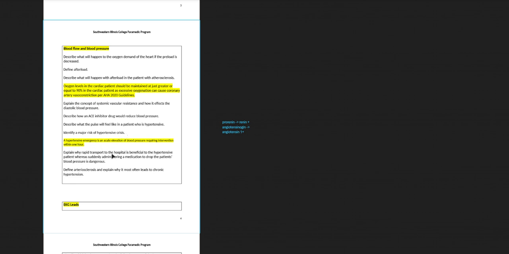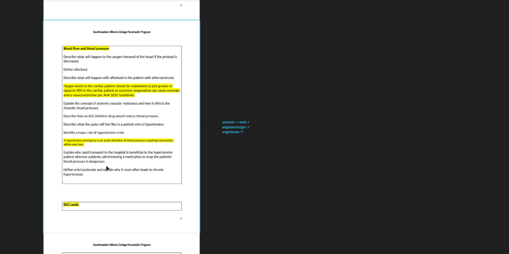Explain why rapid transport to the hospital is beneficial to the hypertensive patient, whereas suddenly administering a medication to drop the patient's blood pressure is dangerous. So we're getting away as a field from treating hypertension because we found that it's actually super dangerous for the patient to just bolus in these beta blockers, unless they're very symptomatic and we have a good reason for doing it, like a dissecting aortic aneurysm or something else.